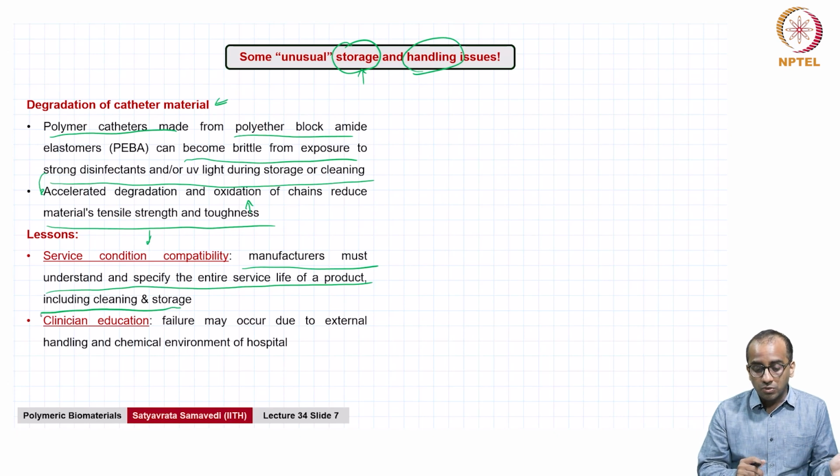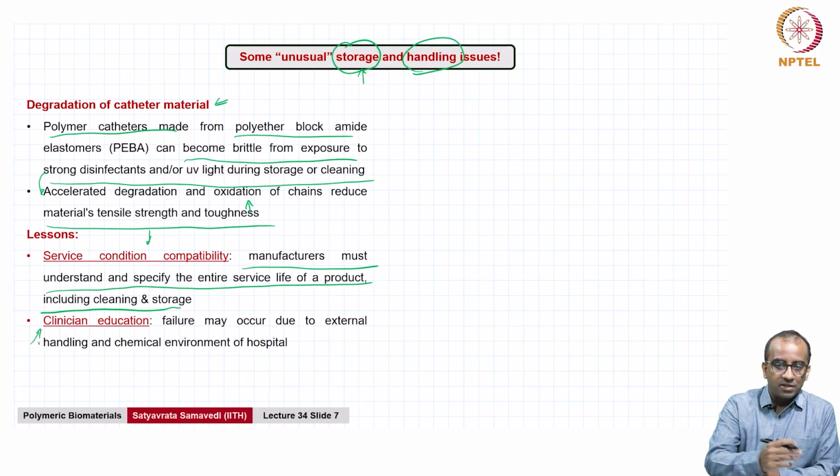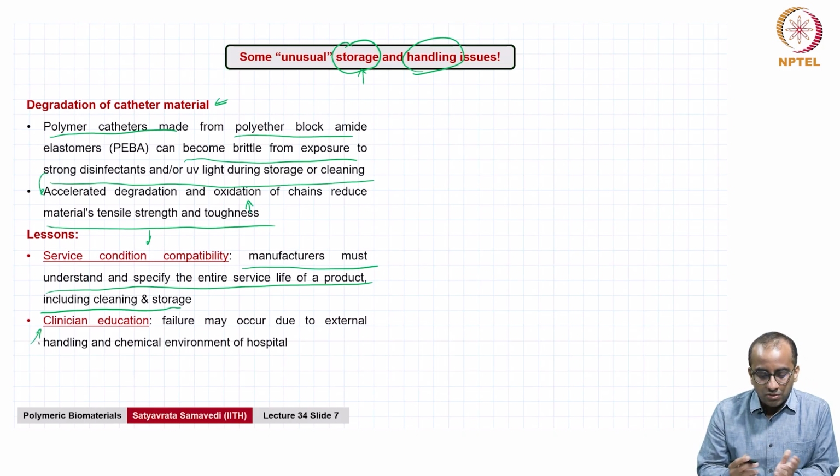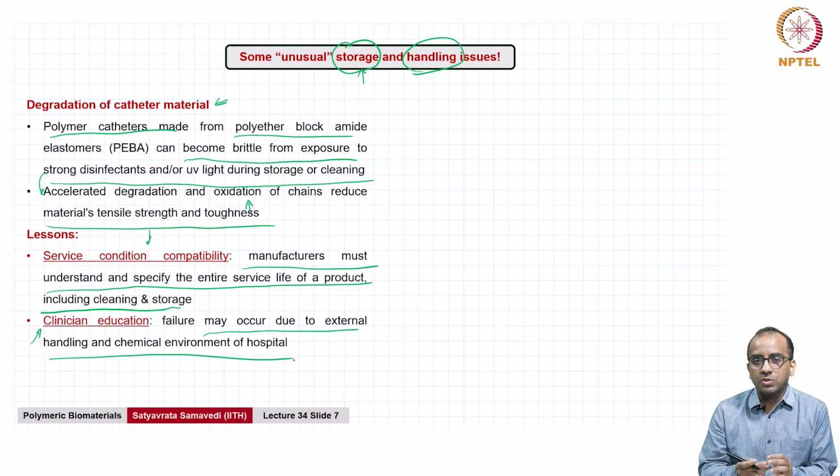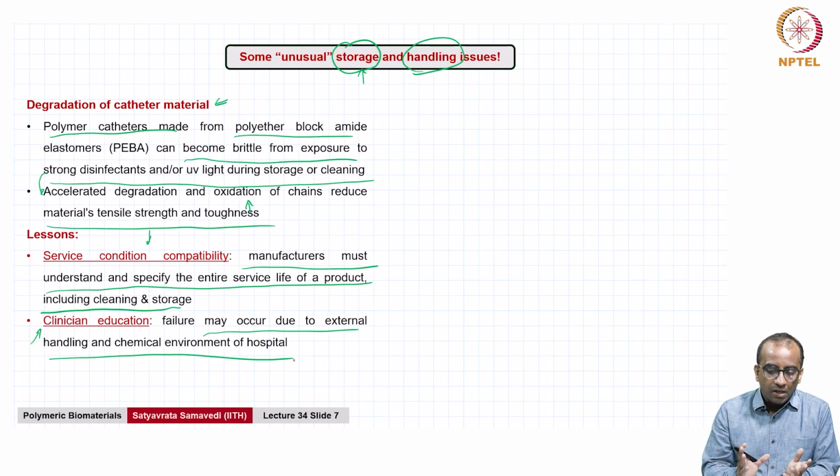So, manufacturers should understand and specify the entire service life of a product, as well as some education in hospitals, right. So, this failure may occur due to external handling and chemical environment of the hospital. So, clinicians and people handling these things should be educated. So, this is one sort of an unusual kind of case study where inappropriate storage conditions can lead to degradation, thus affecting the performance.